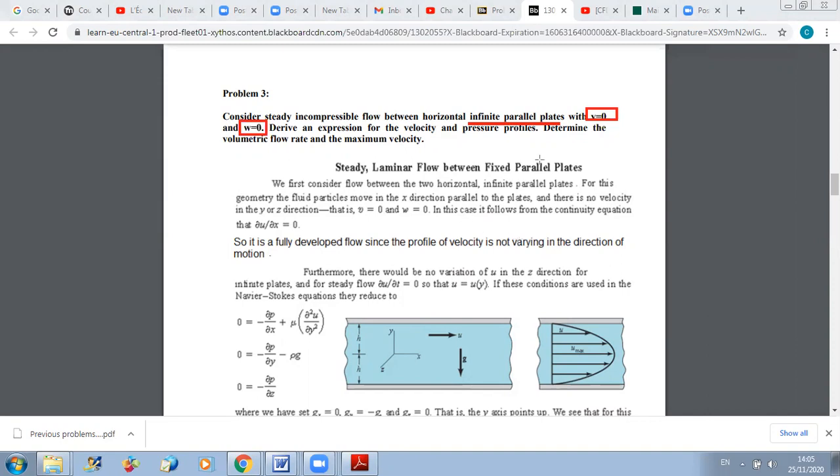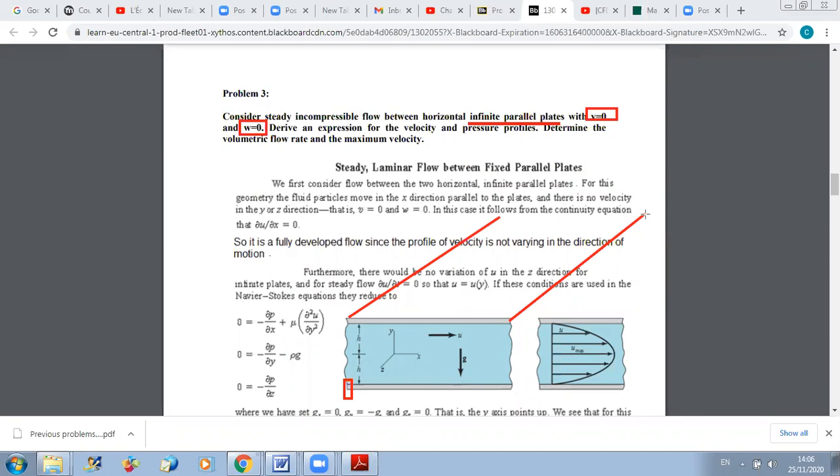So whenever they say infinite, in the direction of the width you will not have a change in velocity. If it's initially 0, it will remain 0, or if it initially has a certain value, it will remain with the same value.